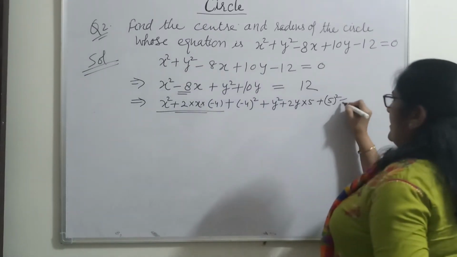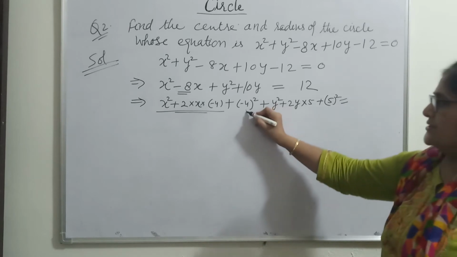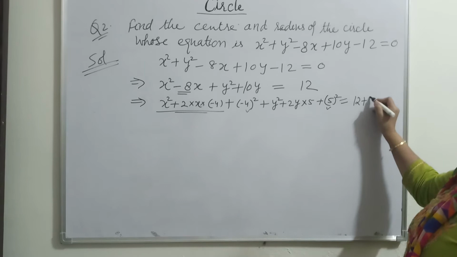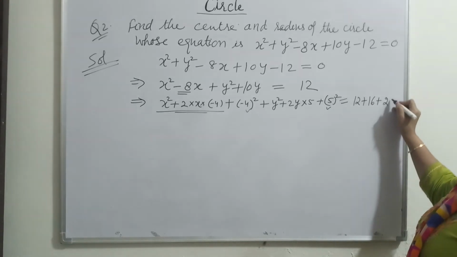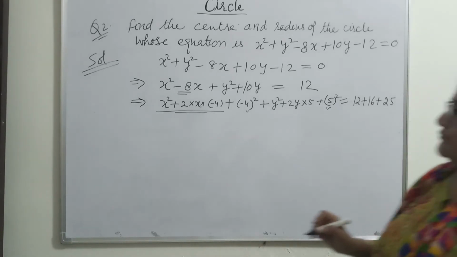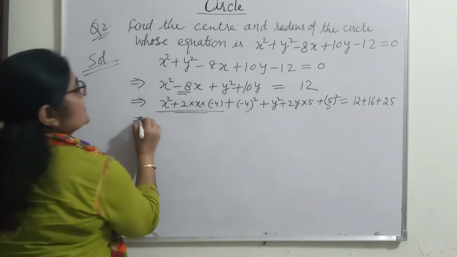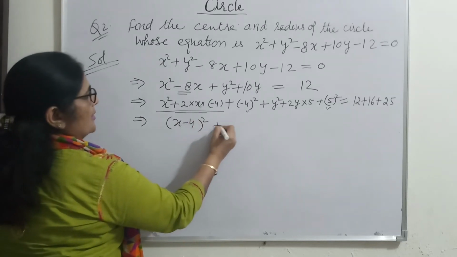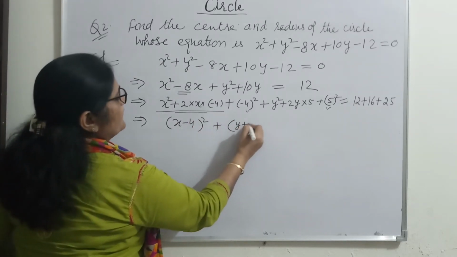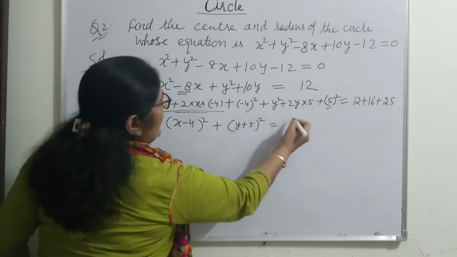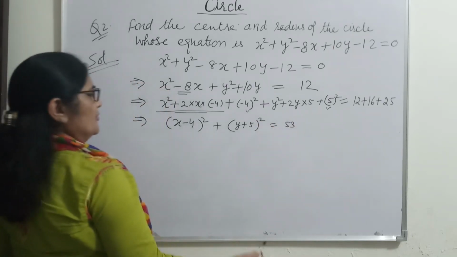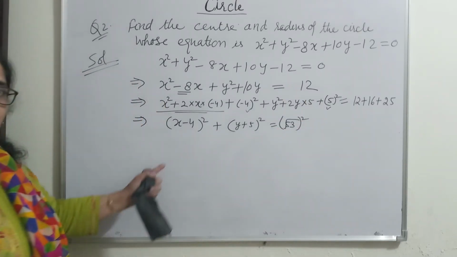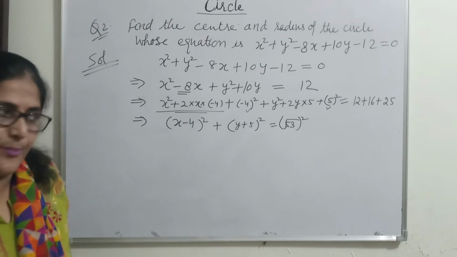As we have added on the left hand side 16 and 25, the right side is 12 plus 16 plus 25. Now, the first three terms give the whole square of (x minus 4), (y plus 5), and 53, or you can write it as root 53 whole square. Now, it is in standard form.